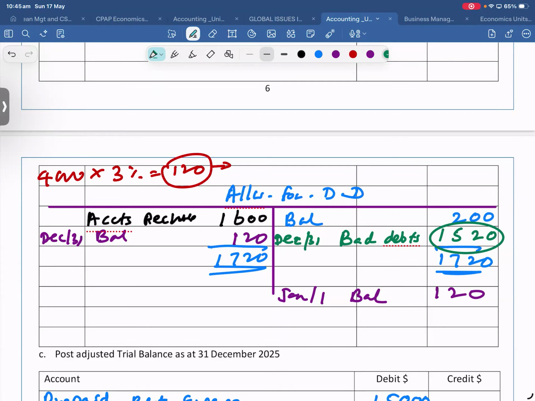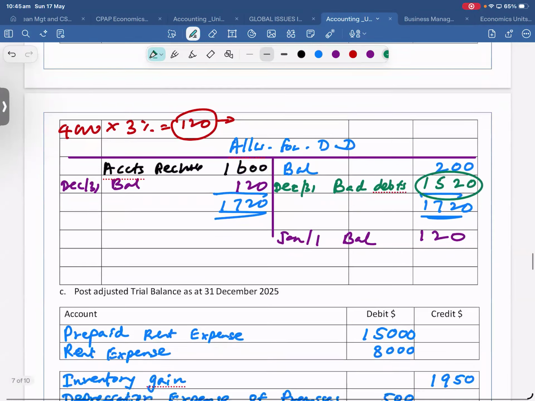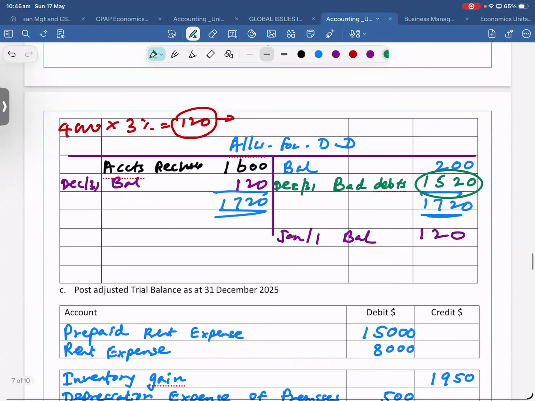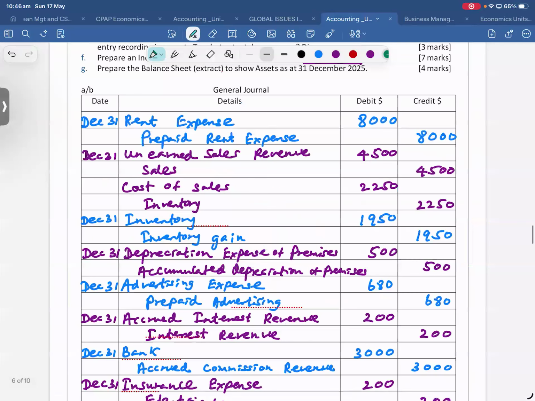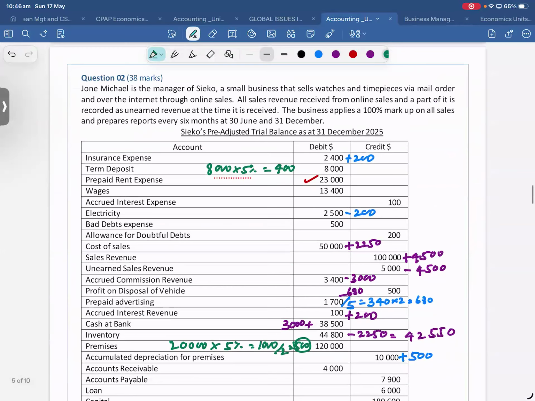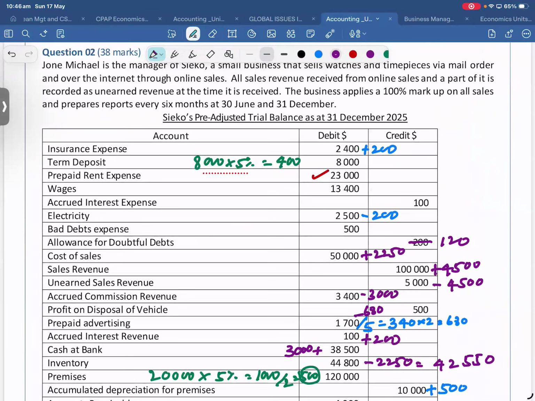Okay. So bad debts, we have a bad debt account, guys. So what do we do? We'll go there and report it. If you want, allowance for doubtful debt we can also update at the same time. 120. Okay, I'll update the 200 to 120. And this one will be 120.